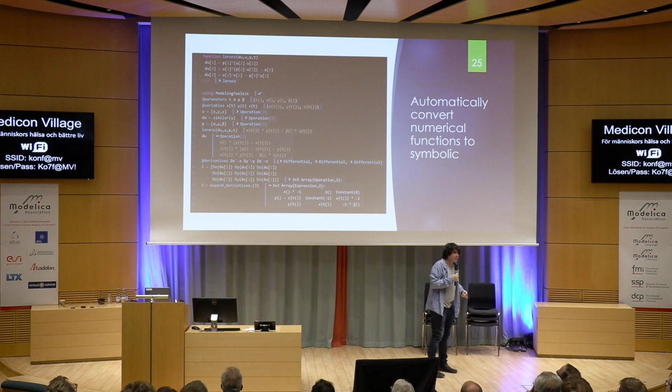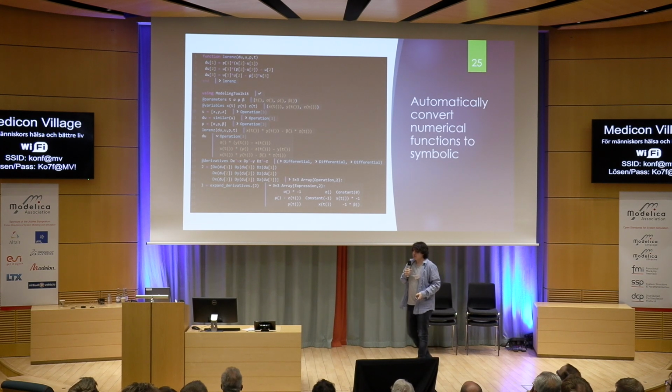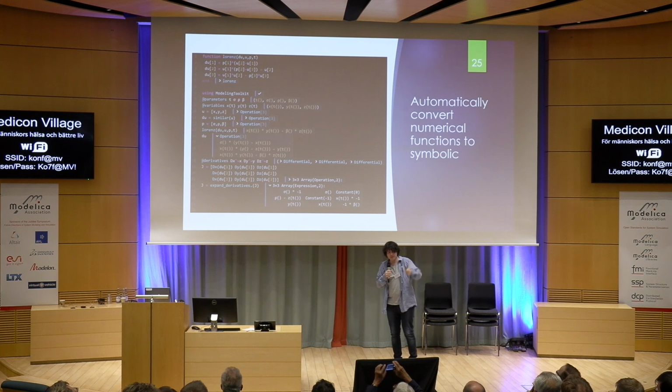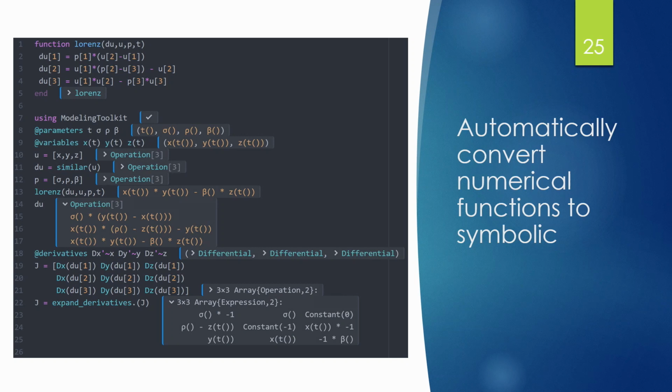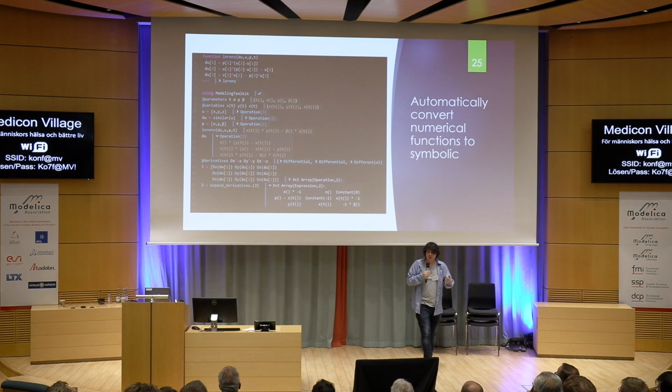And we say, well, I don't want to deal with it numerically. So you take ModelingToolkit and put these variables in there, and then you trace their function and you get out their numerical function as a symbolic function. This is a full example that works out. You give me a numerical function, I turn it into one that's symbolic on the fly, I use that to compute the derivative, the Jacobian, and then I can give you back your symbolic Jacobian from your numerical function.